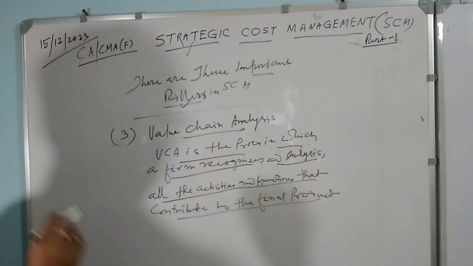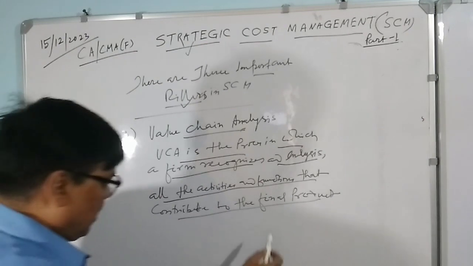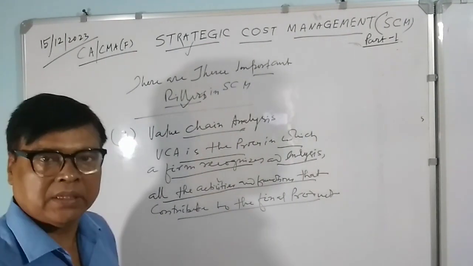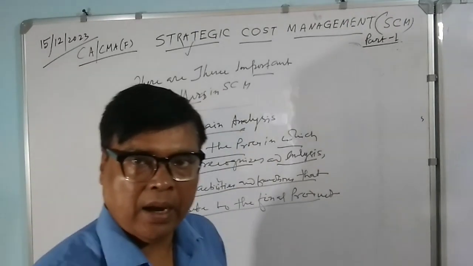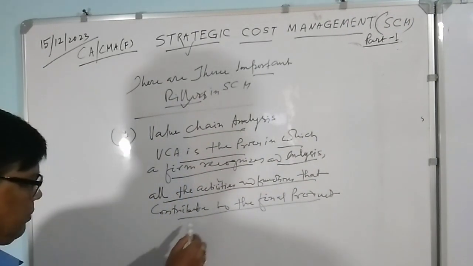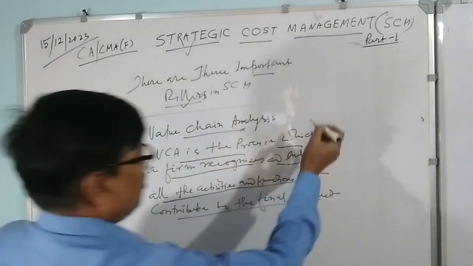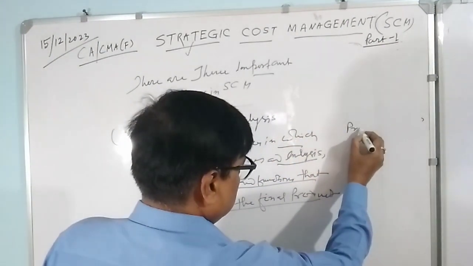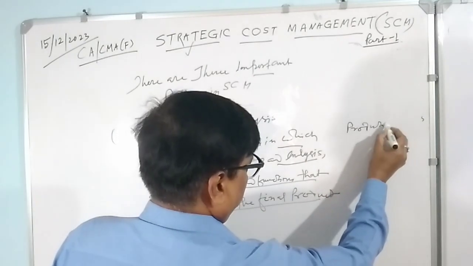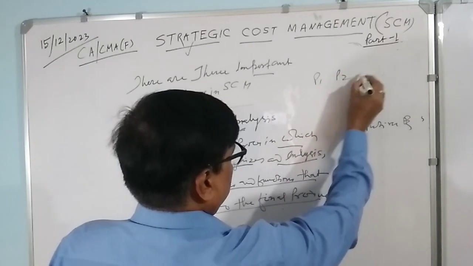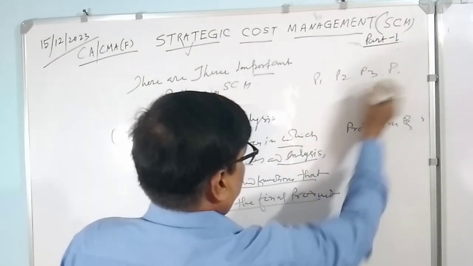You have to see all the activities and functions and understand them properly. Suppose you have a production process, say P1, P2, P3, P4.